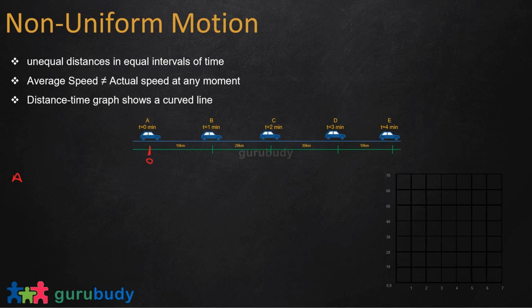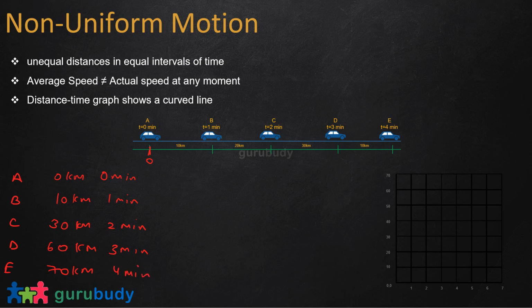So point A is like this, 0 kilometers, and then 0 minutes. Okay, point B is what? 10 kilometers, 1 minute. Point C is 10 plus 20, which is 30 kilometers, right? That's 2 minutes. And then D is what? 30 plus 30, which is 60 kilometers in 3 minutes. And point E is what? 70 kilometers in 4 minutes.